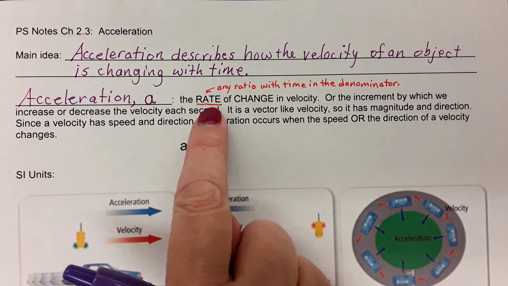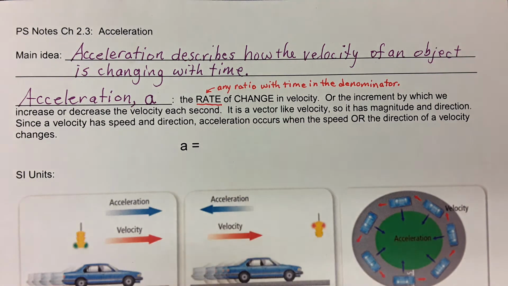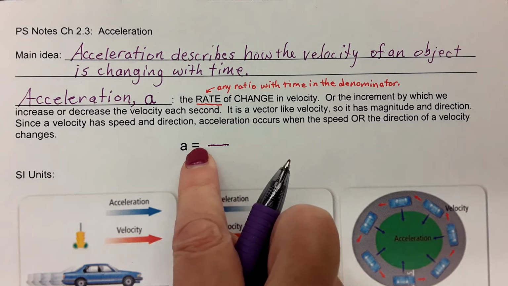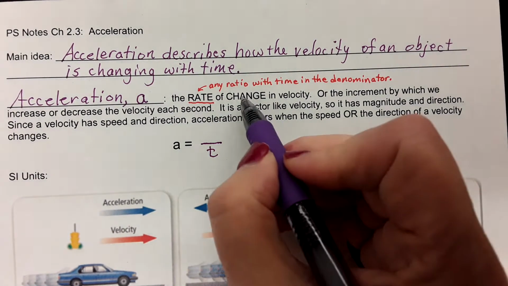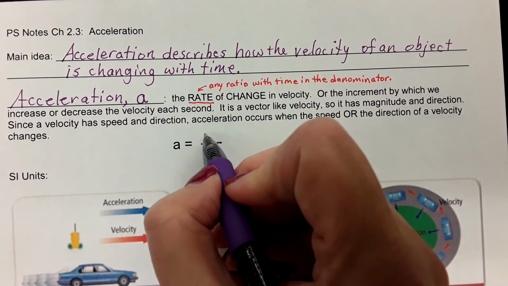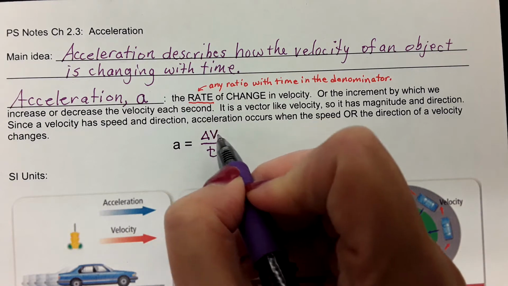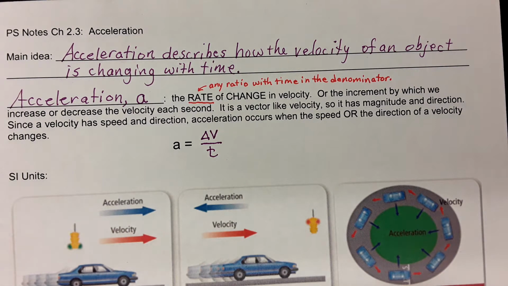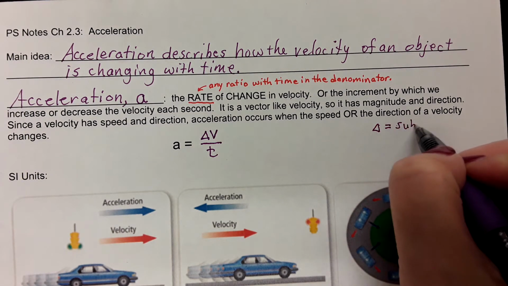So it's the rate of change in velocity, okay? So I'm going to make a ratio. Acceleration is the rate, time in the denominator, of change in velocity. That can be written as a delta v for velocity. Delta means change, and mathematically, delta means subtract.